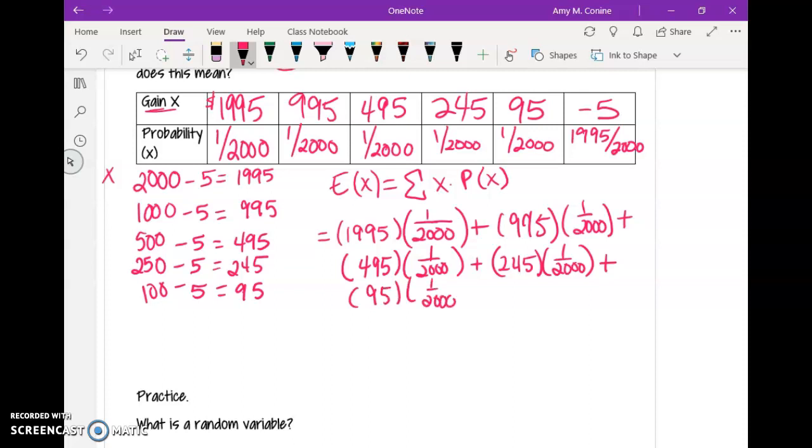And you even include the last one, which is our -5 if we don't win, times the 1995 over 2000.